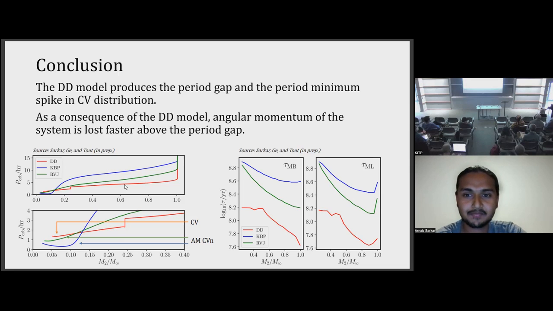Hi, this is Jim Fuller. So following up on that, you have faster angular momentum loss. So that means you'd predict larger mass transfer rates above the period gap. Is that right? Yes. So have you compared that with what Anna talked about earlier?